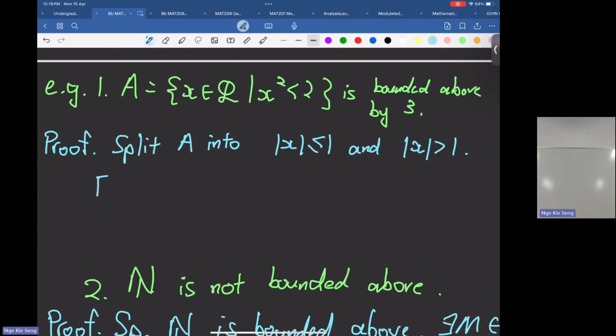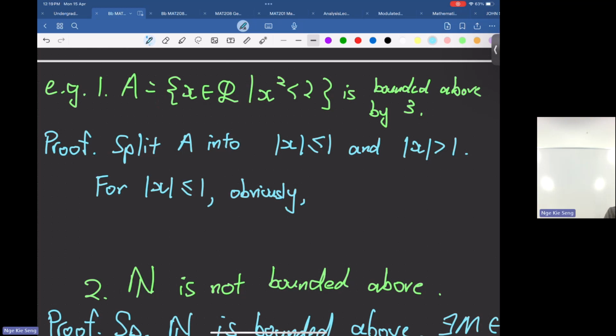So for example, if your number is already less than or equal to 1, then obviously it's smaller than 3.